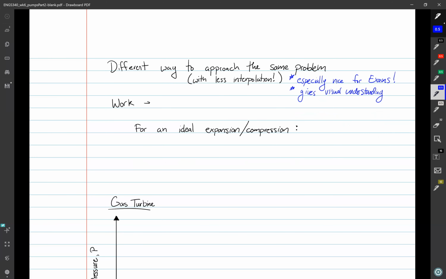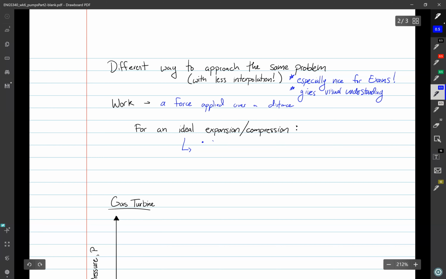So we're going to think a little bit about what work is. Work is a force applied over a distance. It's force times distance, which in the case of an ideal expansion or compression, let's define what that means.